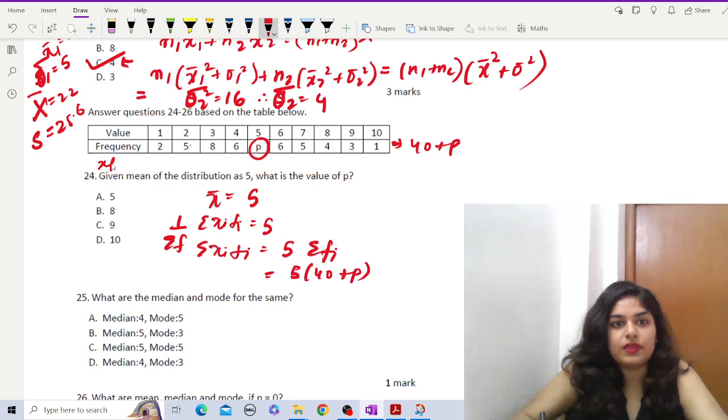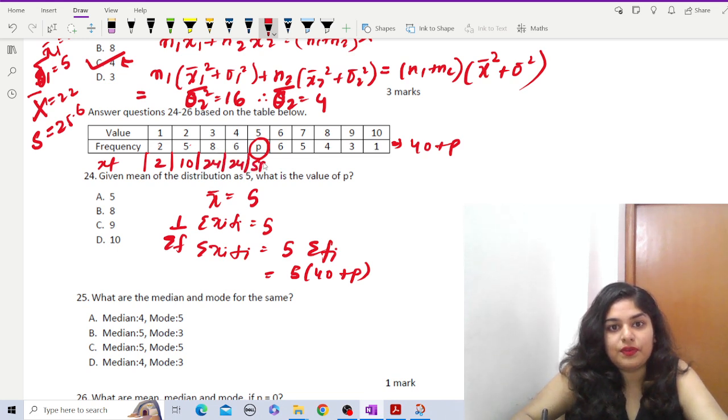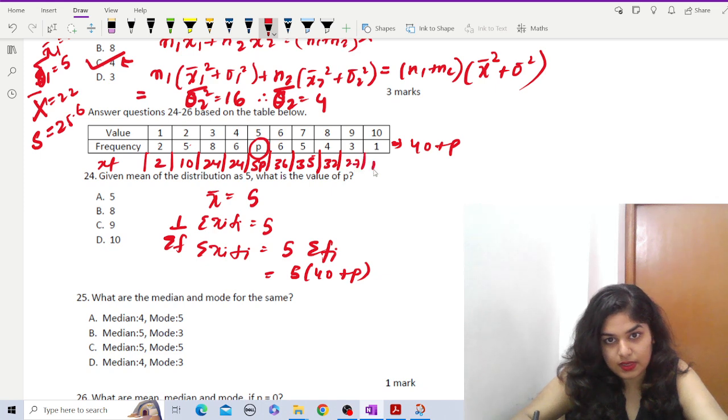And x into f, you just have to take the product: 2, 10, 24, 5p, 36, 35, 32, 27, 10.